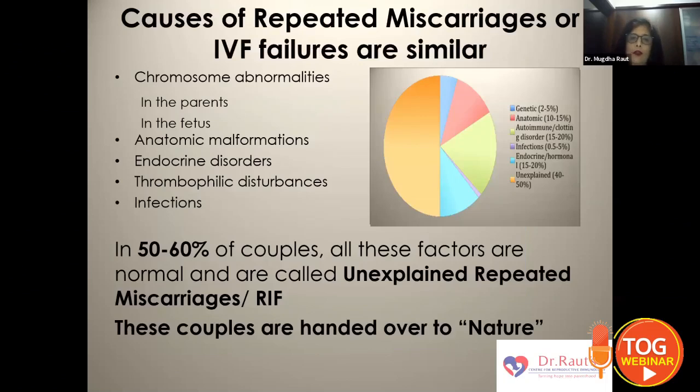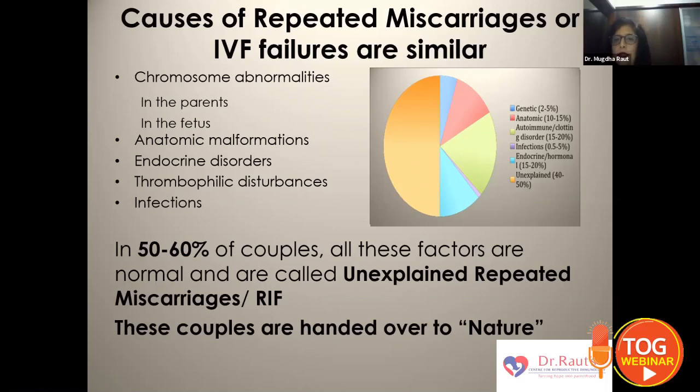Because the causes of repeated miscarriages or IVF failures are similar. As we can see in this circle, the incidence of genetic or chromosomal abnormalities in the parents of the fetus is 2 to 5%. Anatomic malformations can account for 10 to 15%. Autoimmune disorders or clotting disorders can account for 15 to 20%.